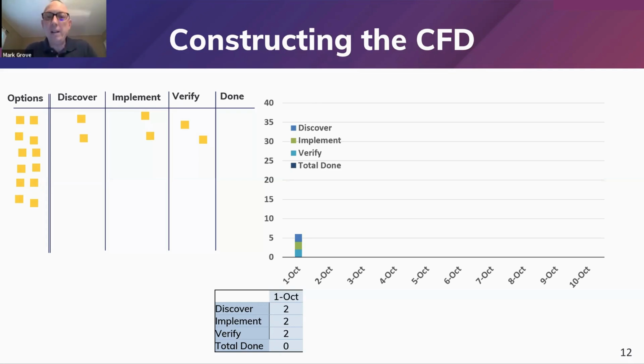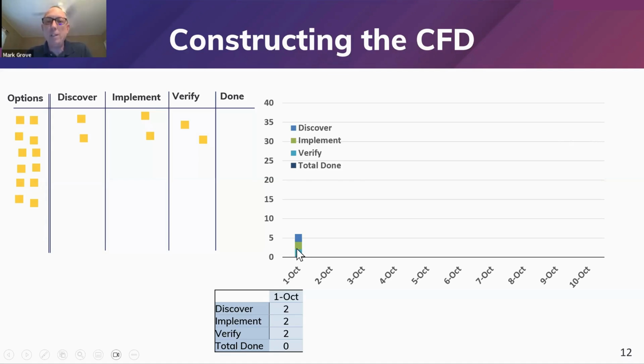So in this particular example, on this date called October 1st, when we look at our board, we see that at that moment in time, we have 2 work items in discover, 2 items in implement, 2 items in verify, and nothing has been done yet. And I have that down below in the table. Here on October 1st, you can also see, if you use the color key, that there are 2 items in verify.